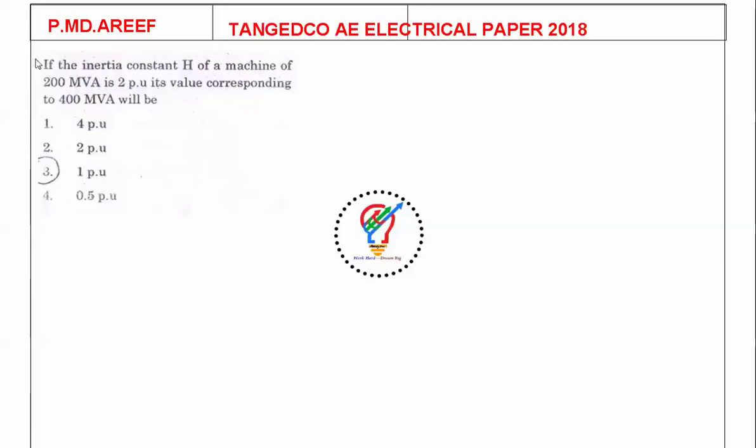Next question from the power systems. If the inertia constant H of a machine of 200 MVA is 2 per unit, its value corresponding to 400 MVA will be. So remember that the inertia constant H has units of megajoules per MVA. That means H is inversely proportional to MVA rating here.